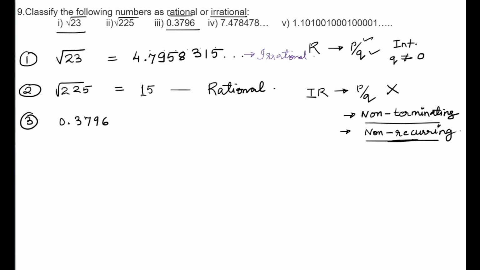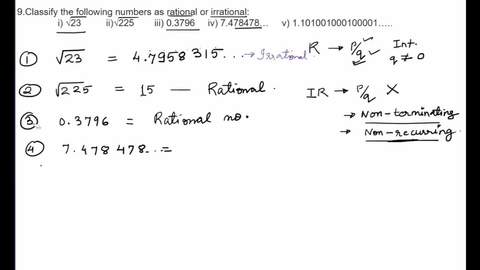We don't have three dots, we don't have a bar over it. It means that it is a terminating decimal value. So if it is terminating, it means it is a rational number, right? So rational numbers actually terminate themselves. On dividing, you will get 0 as the remainder. So that is why we call them terminating.